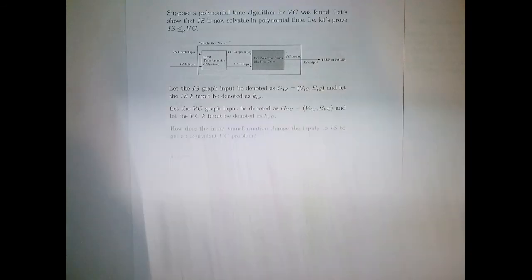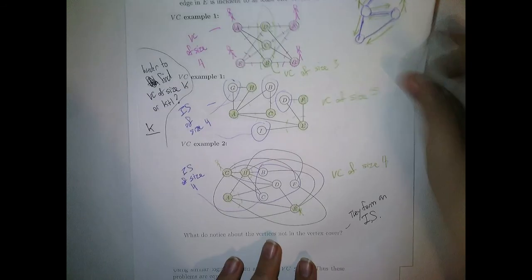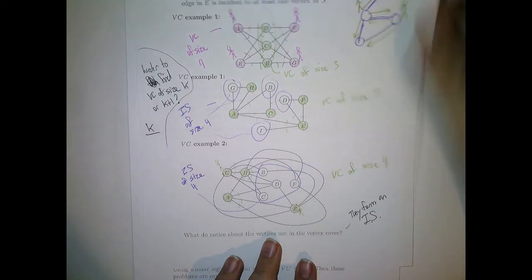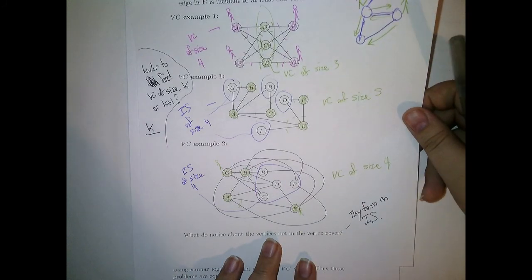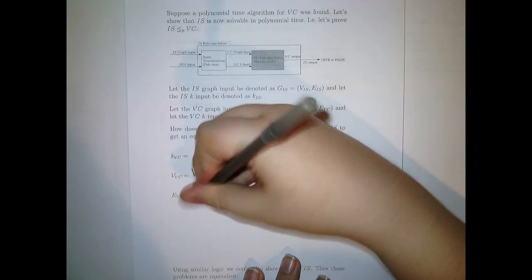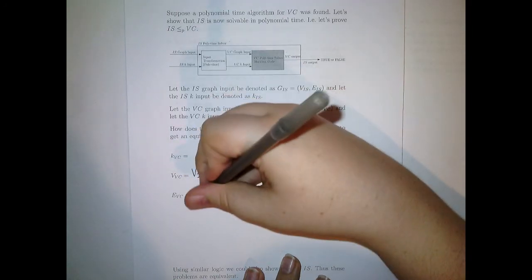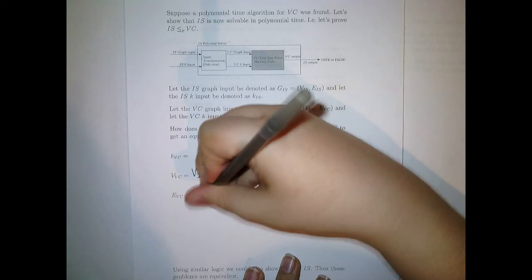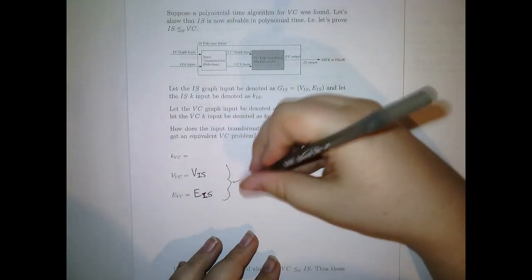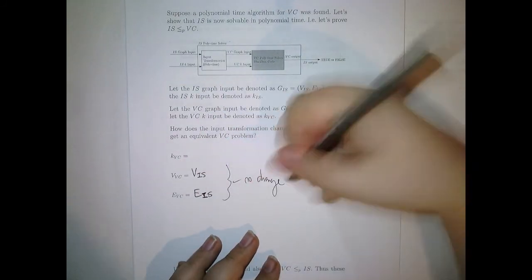Well, no. Actually, when we found the vertex cover, the independent set was somehow the complementary positions, but we didn't need to change any edges or vertices to see that. So our input for these actually should be the same. No change. That's easy.